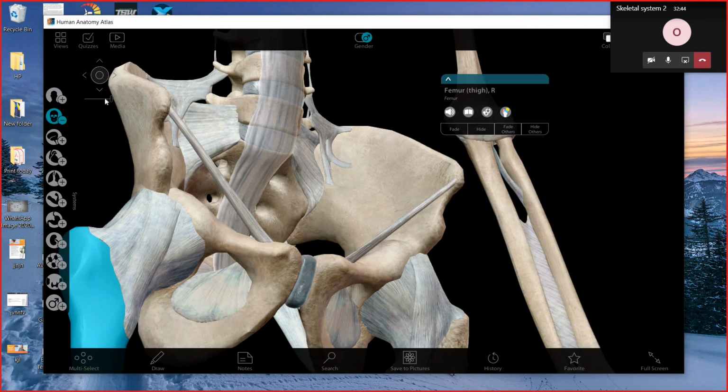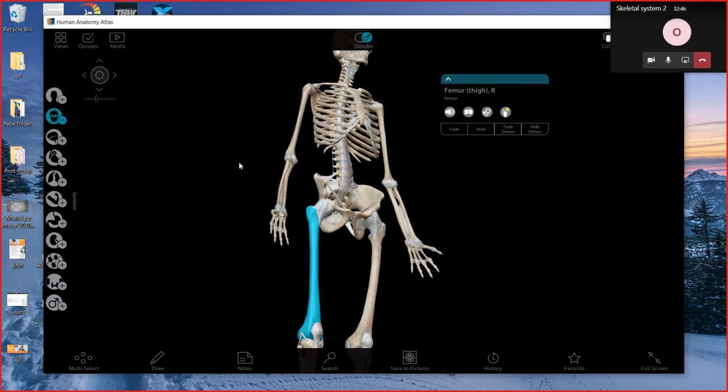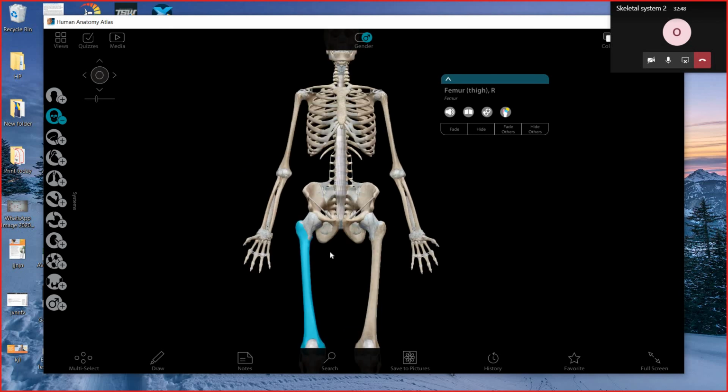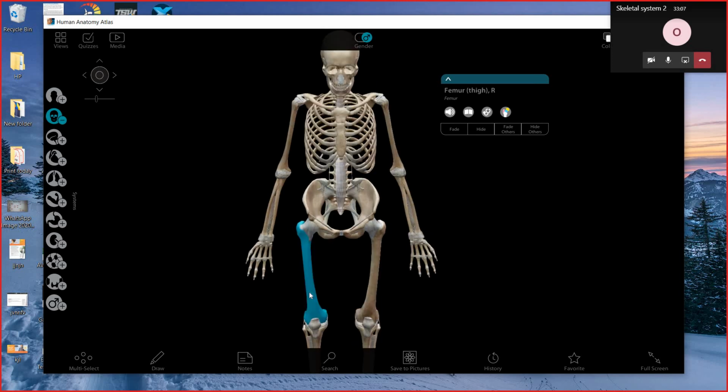This is the femur. By the way, the femur is the longest bone of the whole body, and maybe the biggest, and the strongest bone.